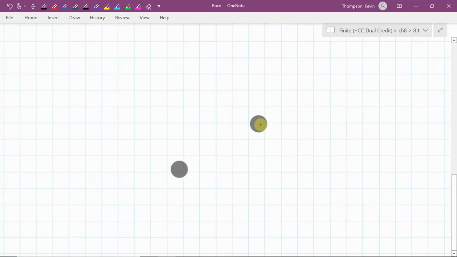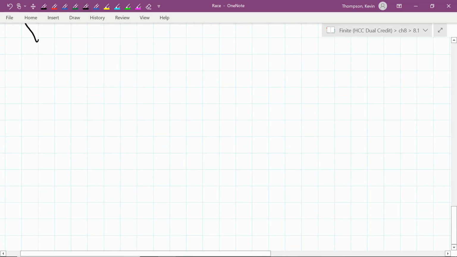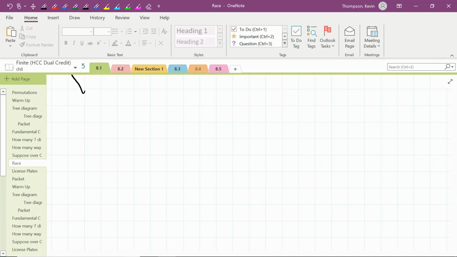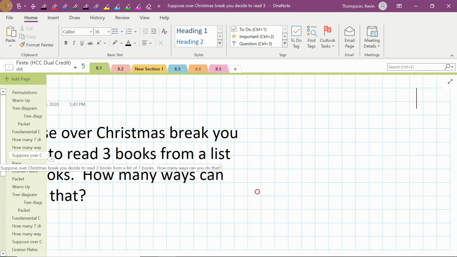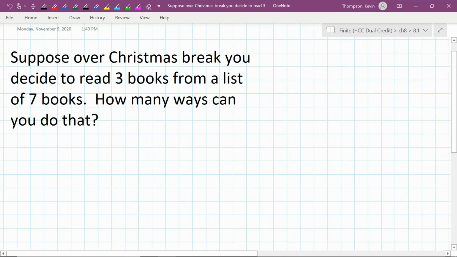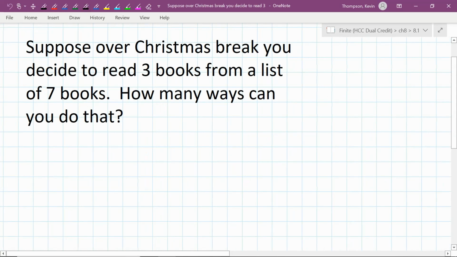So here's the contrast. Ready? Suppose over Christmas break you decide to read 3 books from a list of 7 books. How many ways can you do that? Already said this one's different.